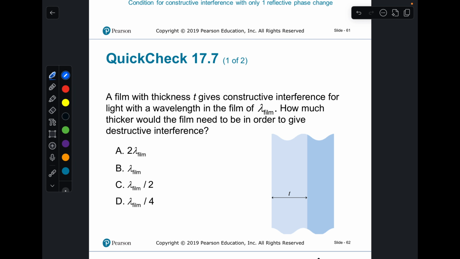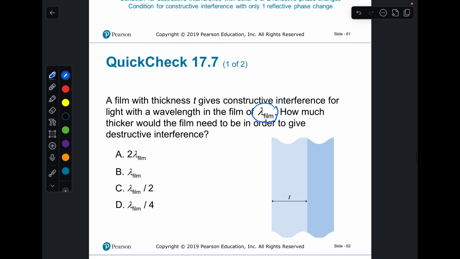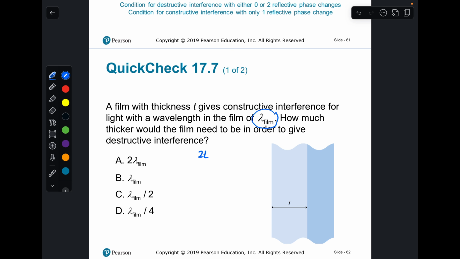We skipped this one in class, but let's talk about it. If we have a film of thickness T, and we know that it gives constructive interference for a wavelength in the film, lambda film, how much thicker would the film need to be in order to produce destructive interference? So we know constructive interference is occurring for 2T equals M lambda film, right?